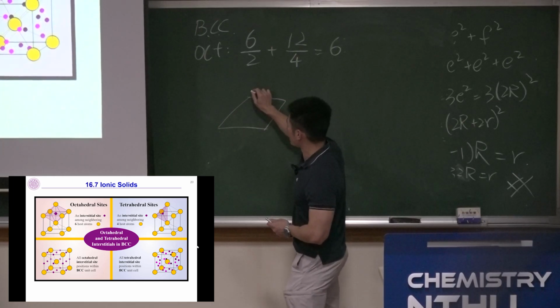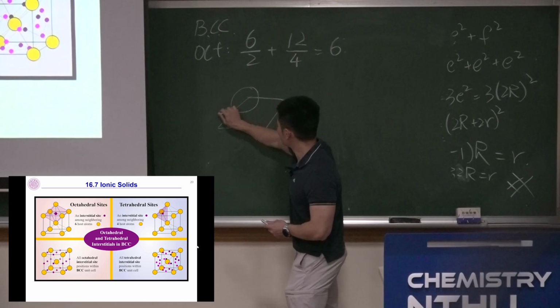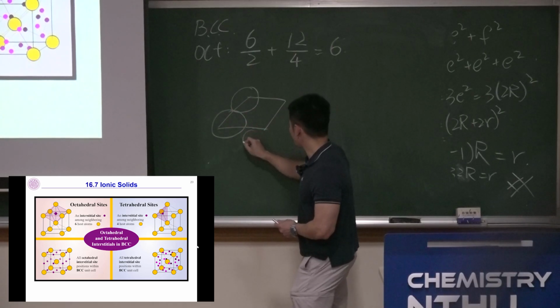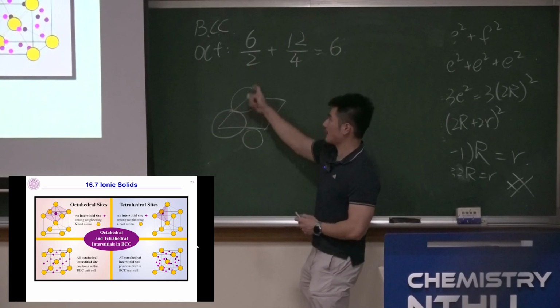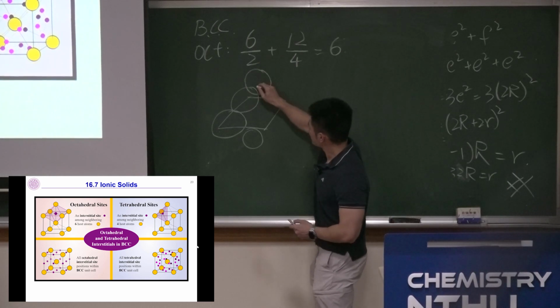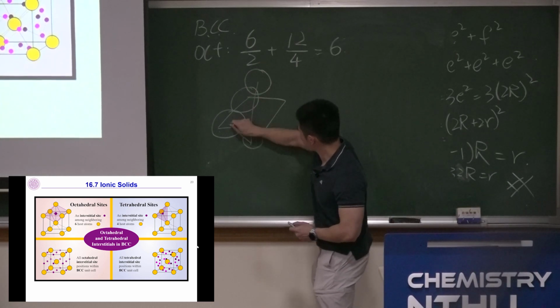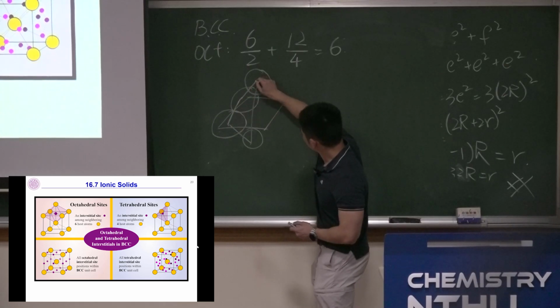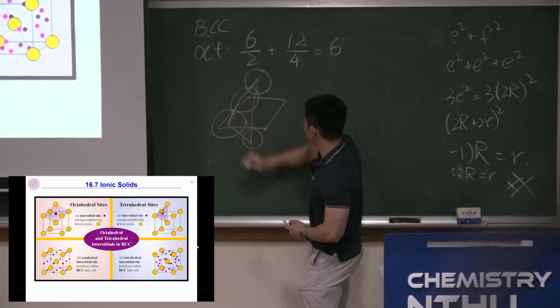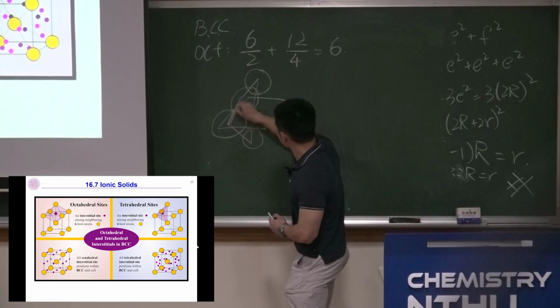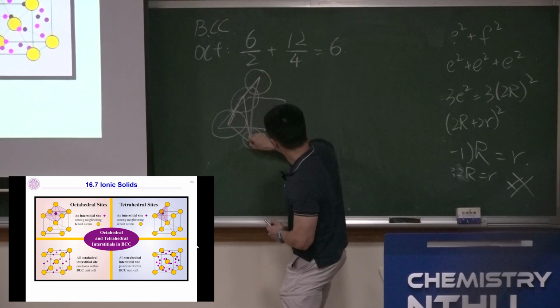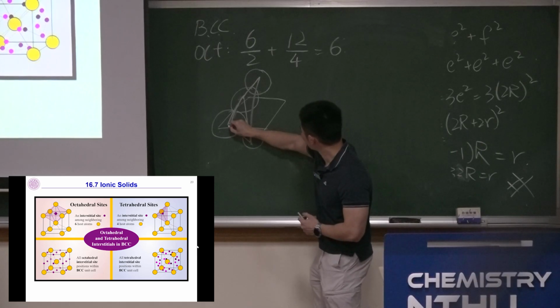So this is one of the edge. This is another of the edge. This is the body, and we have another body on the top. So this will form a tetrahedron. I don't know if you can see this.